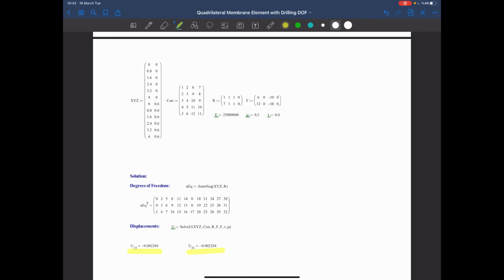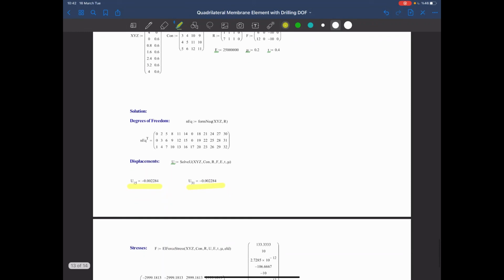So it's very close, and this also shows that by defining the drilling degrees of freedom, we are actually introducing higher order shape functions to that member by using the mid-edge displacement, and that also eliminated the shear locking or the membrane locking that we observed in the bilinear element.